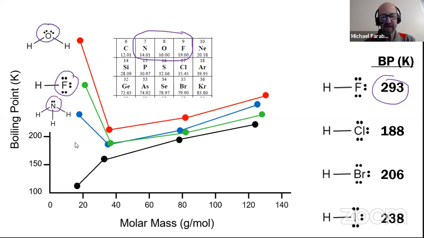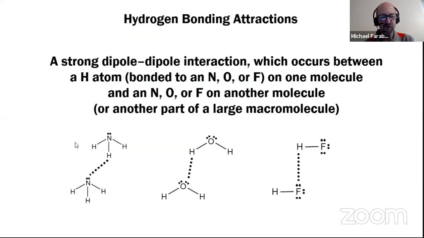So hydrogen bonding is a strong interaction that occurs between molecules. The kind of molecules we're talking about are when an H atom is directly bonded to either a nitrogen, oxygen, or fluorine, and then that connects with another molecule. So the nitrogen of one molecule connects with the hydrogen on another molecule.